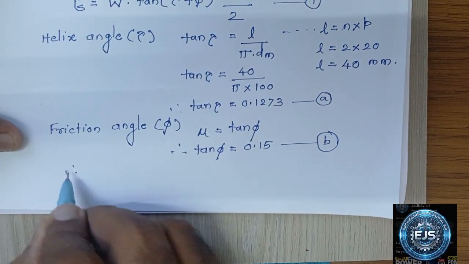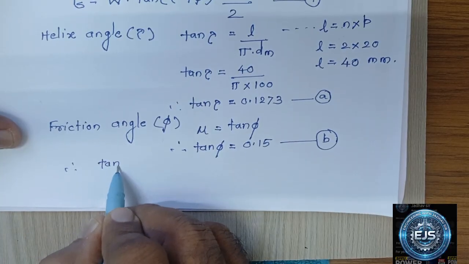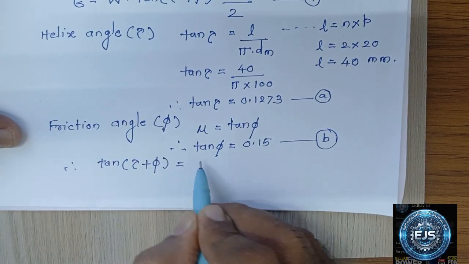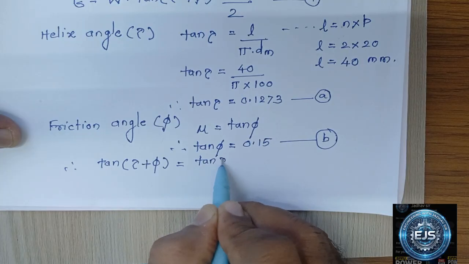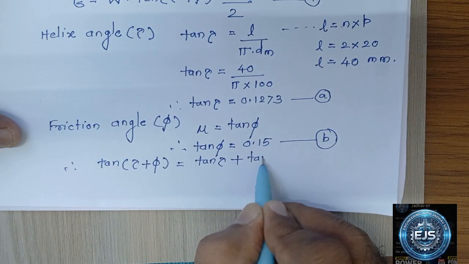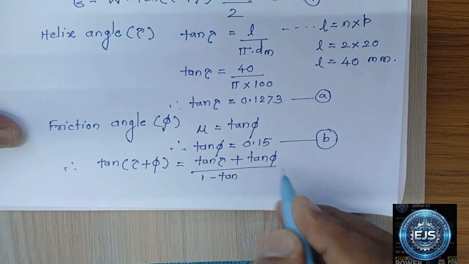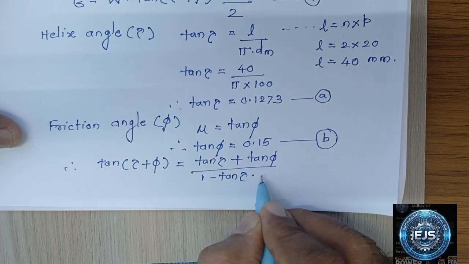The formula for tan of lambda plus phi is tan lambda plus tan phi upon 1 minus tan lambda into tan phi.